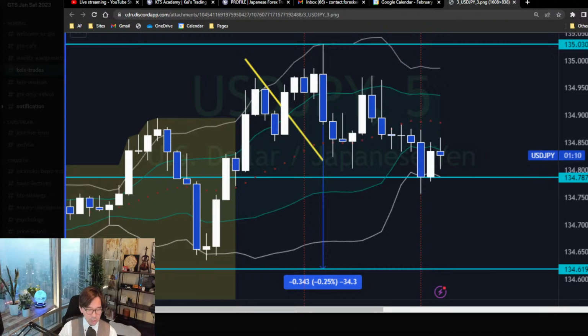So again, I took an entry here. I took entry on this candlestick because I was seeing the 4 hour up and the 1 hour was also bullish, and I was expecting the market to have a new N wave this way.